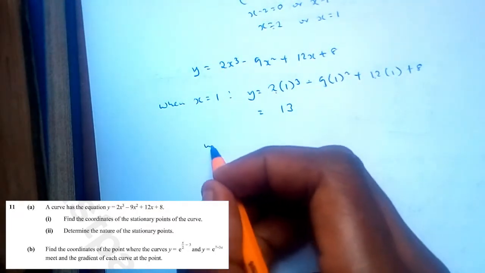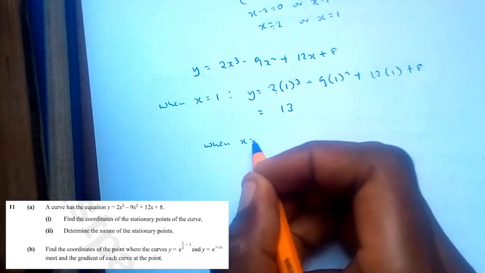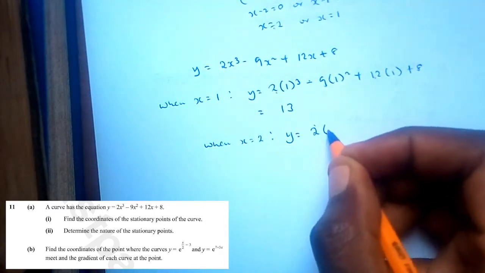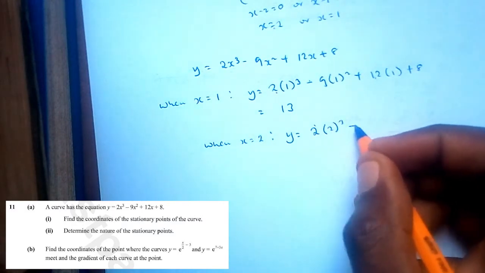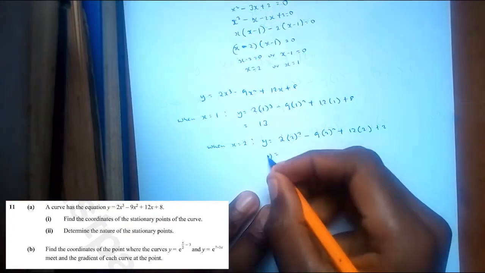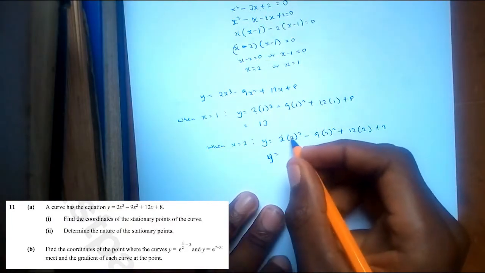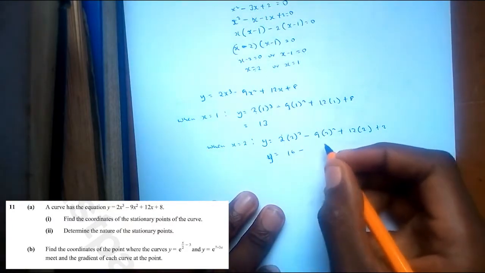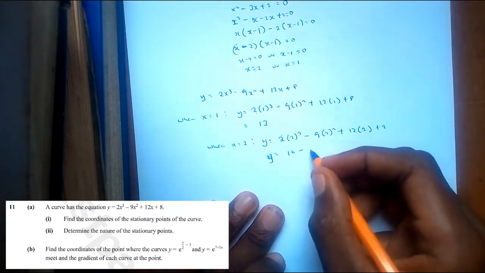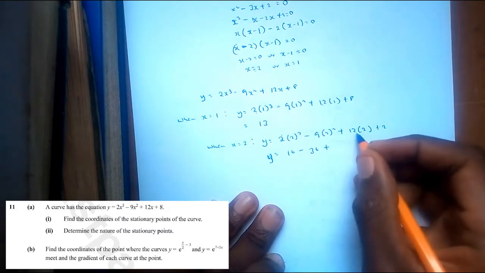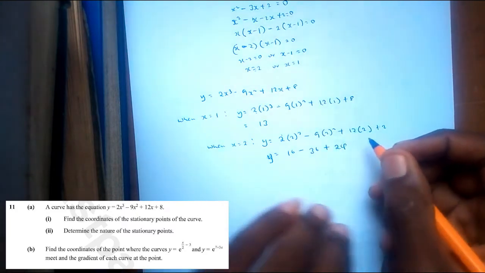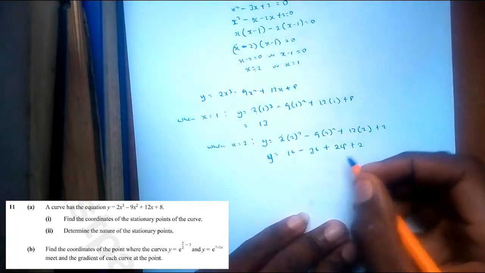Then when x is equal to 2, y will be equal to 2 times 2 cubed minus 9 times 2 squared plus 12 times 2 plus 2. 8 times 2 is 16, minus 4 times 9, that is 36, plus 24, plus 2.